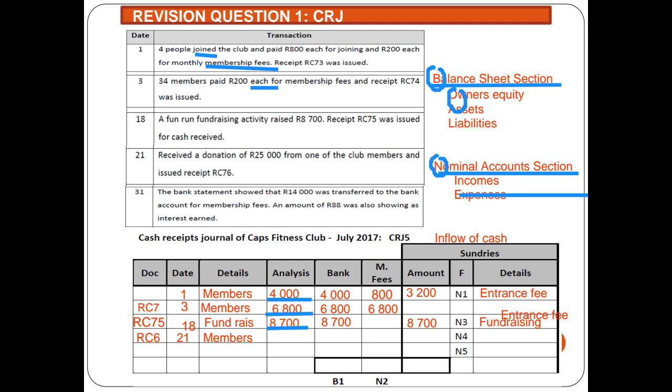What is the account description that I must write under donation? Donations. And then the amount is 25,000.